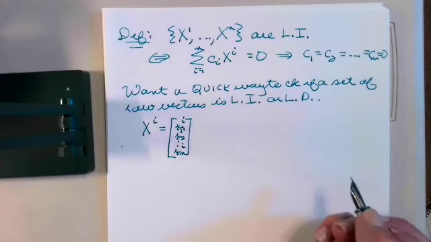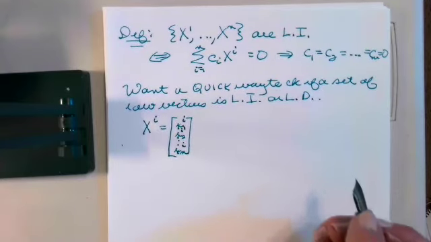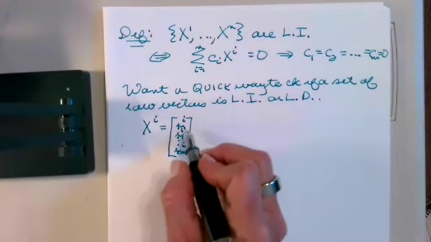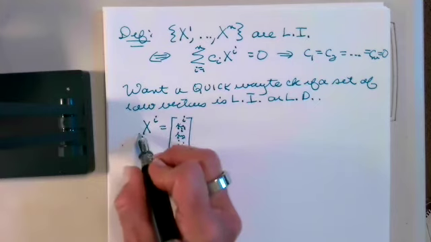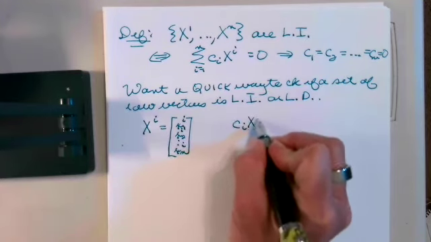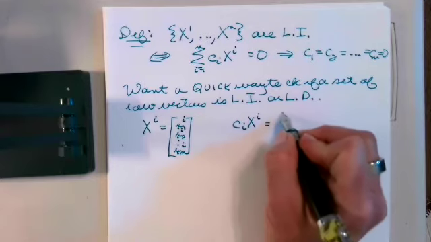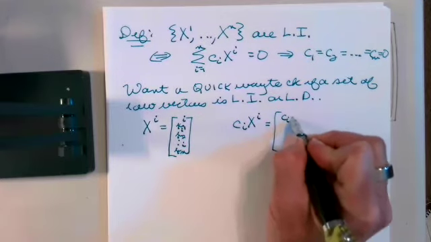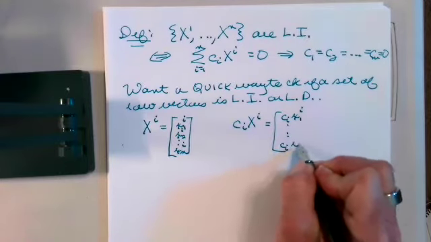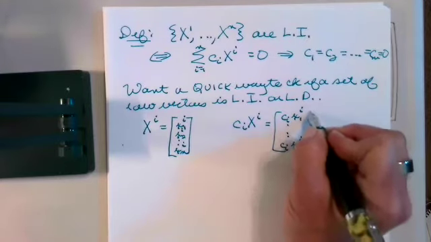Each of those components is a real number. I'm putting the superscript i to remember which vector it came from. So c_i times x^i then means c_i times x^i_1 up to c_i times x^i_n.